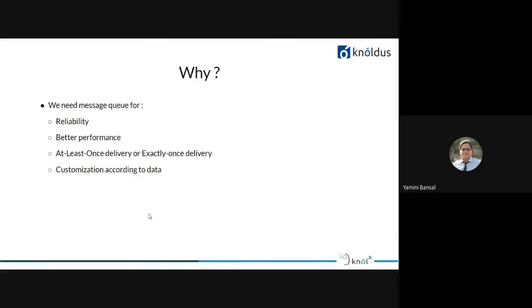There are some quality features associated with message queue that I'm going to list down now. The first is reliability. Reliability, as in we could take care of the dead letters.